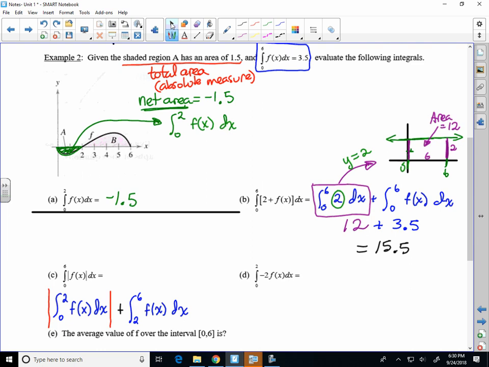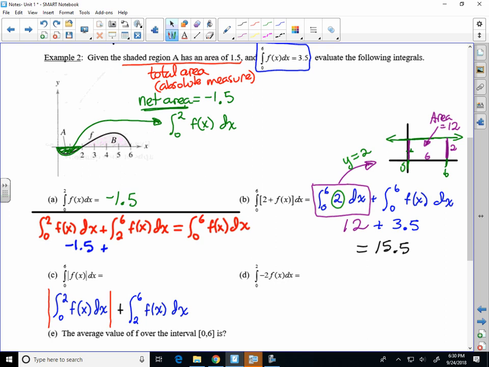All right, so somehow I have to come up with the 2 to 6 interval. So I know that going from 0 to 2, plus 2 to 6 is the same as going all the way from 0 to 6. We already know going from 0 to 2 is negative 1.5.